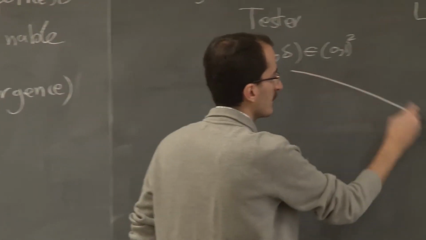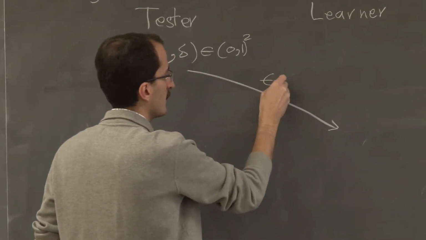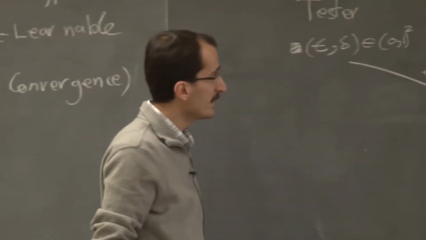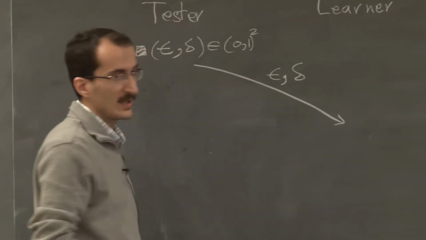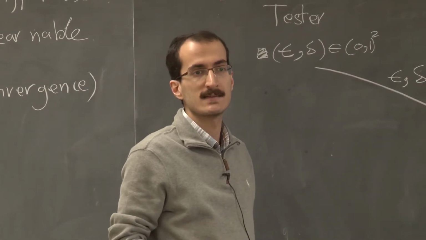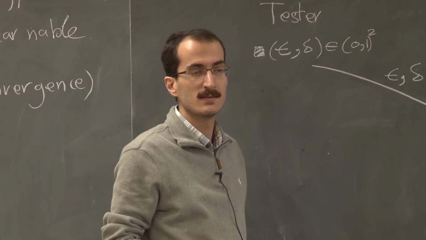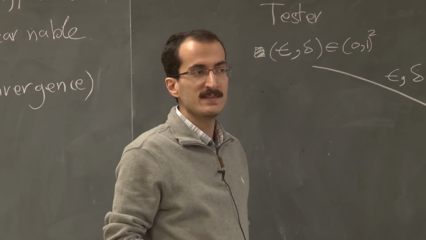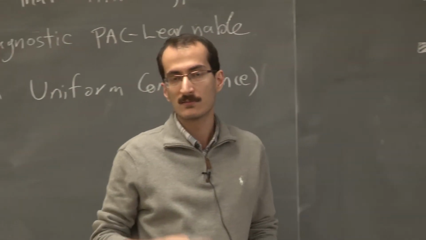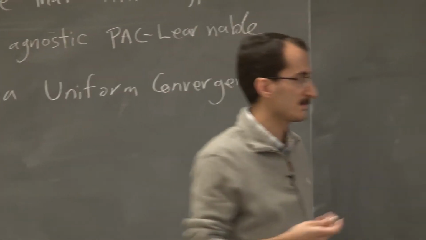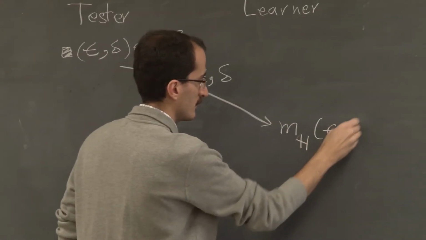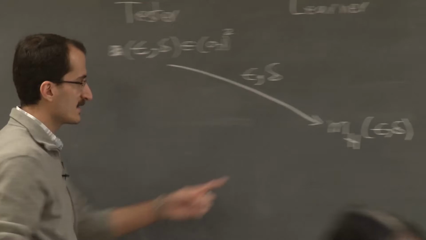And we will give epsilon and delta to the learner. Now the learner says that I can do it, just give me enough labeled instances. So assume that he has some sample complexity in his mind, so the number of samples he needs. So he has a function.